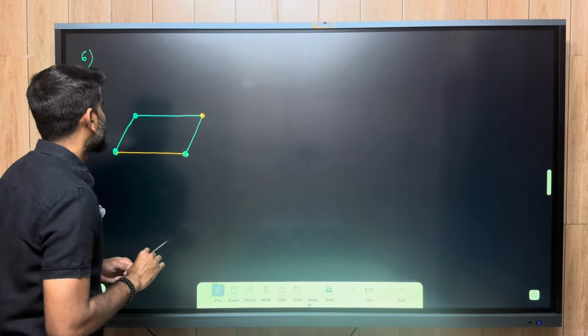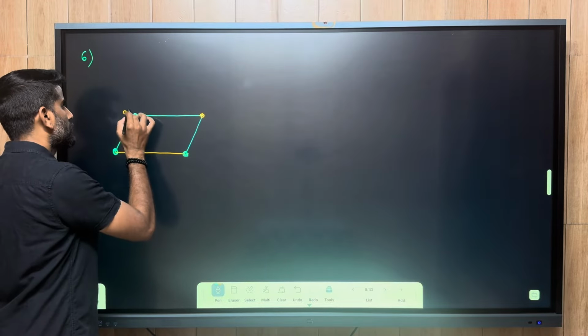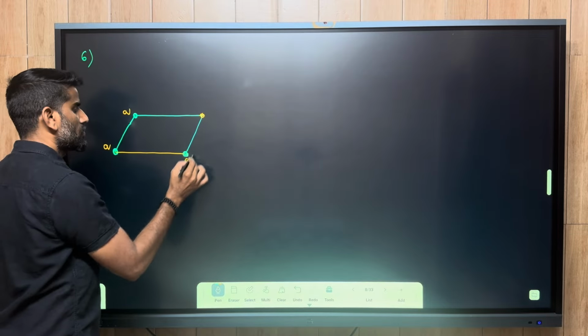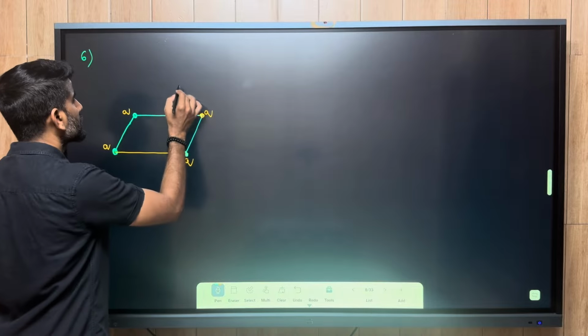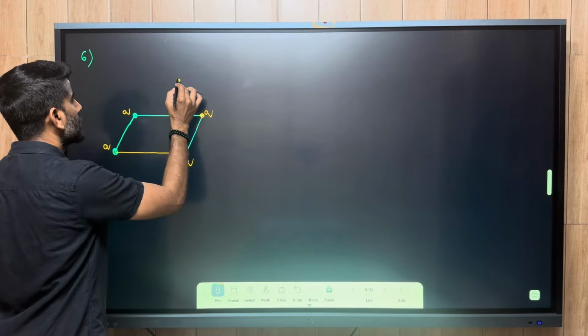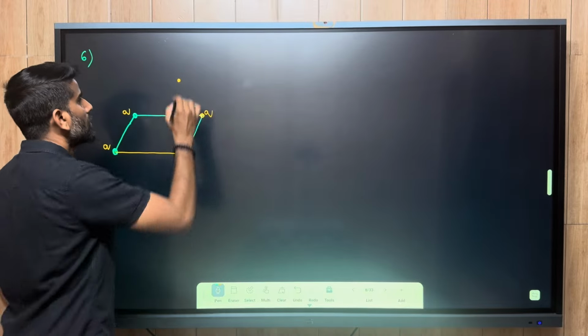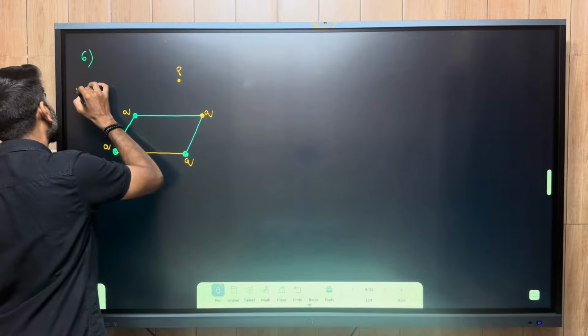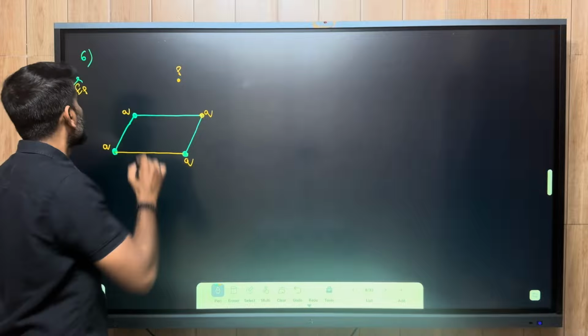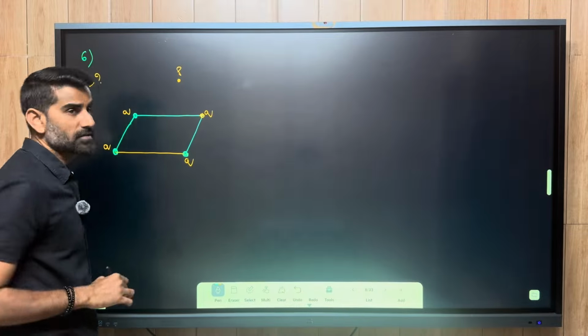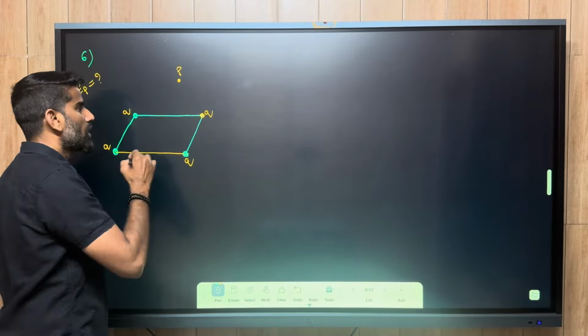So here I have charge q, q, q and q, and there is a point where we need to find the electric field. Electric field at point P is how much? That's the question. So this is a square pyramid.